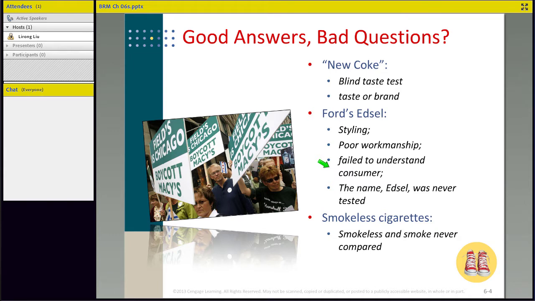But if you think back, any name should be tested. How many times are we picking something based on the name, right? We want some attractive name. For example, if we have newborns, we have to pick a name. And I don't know about you, but picking a name to me is always a headache.